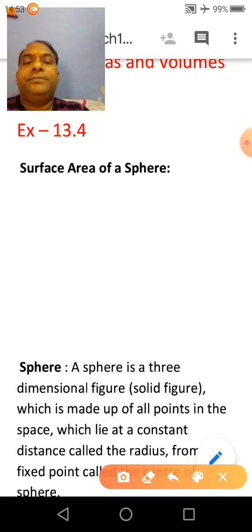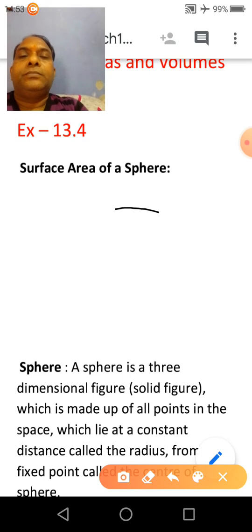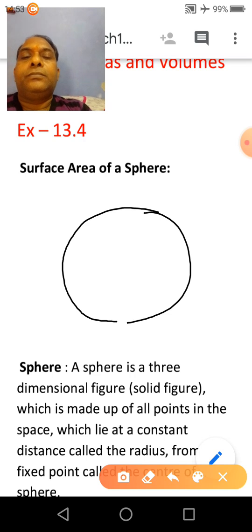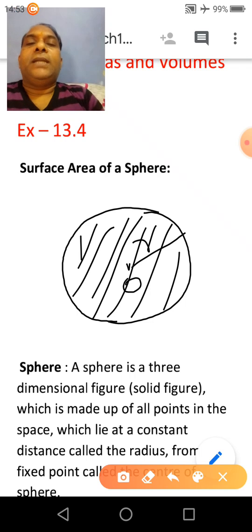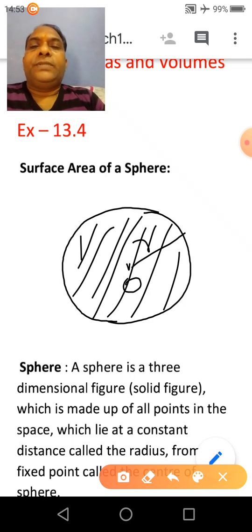So, sphere. O is the center of a sphere, radius of a sphere, and sphere is a solid figure, means three-dimensional figure. Ball is the example of sphere.